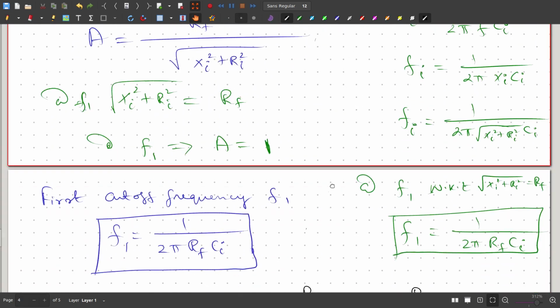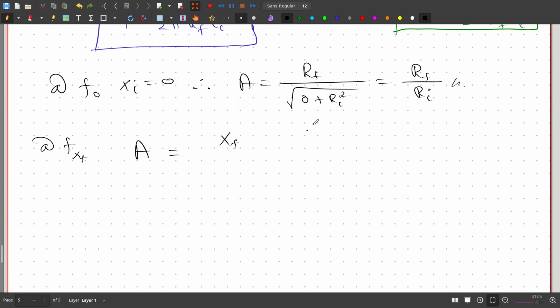So I have to rewrite. At this frequency XF is very much less than RF, and we also know this Xi is already equal to 0.